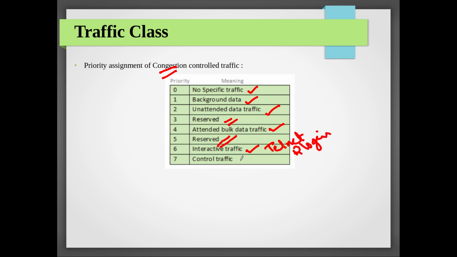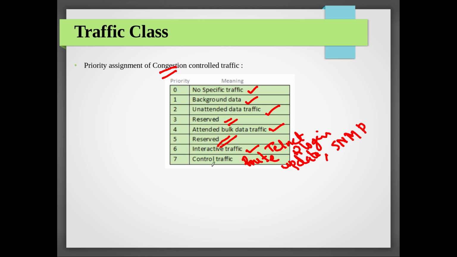Then control traffic. There may be some router update information, or there can be some SNMP, the Simple Network Management Protocol. So that is taken care of for the entire network. So it is passing some kind of control information, or it may be a routing update.